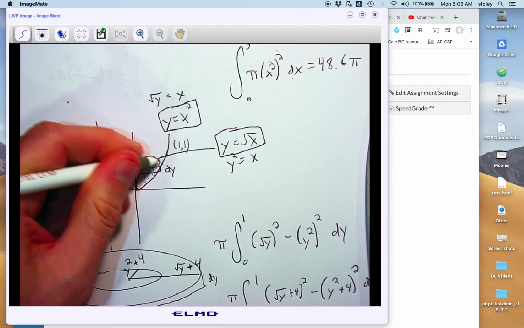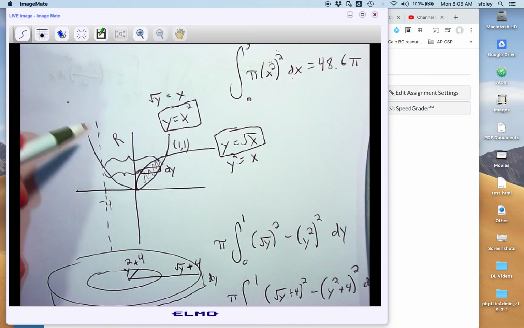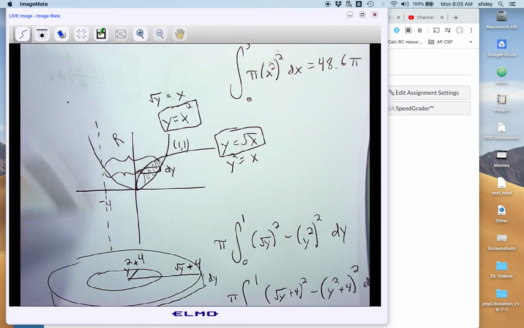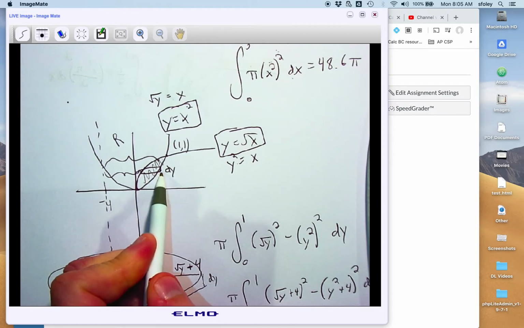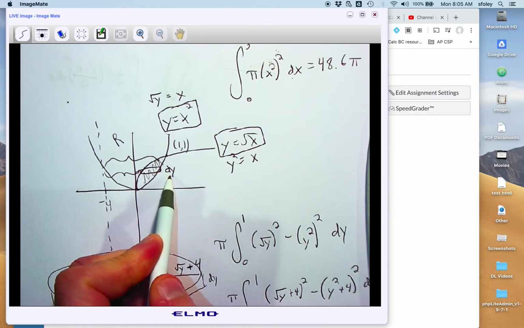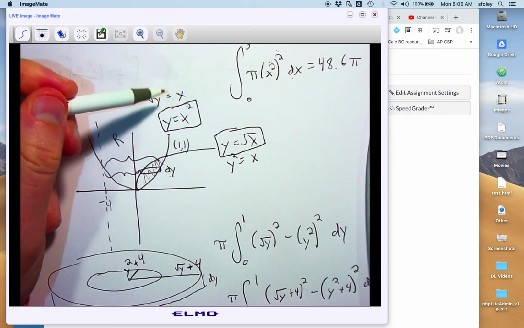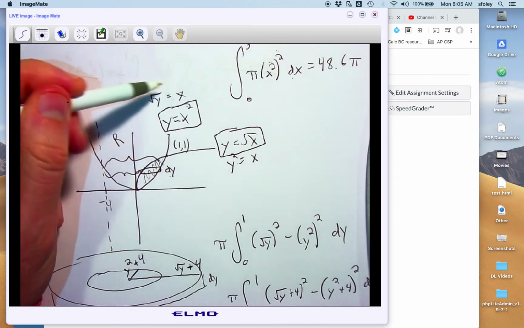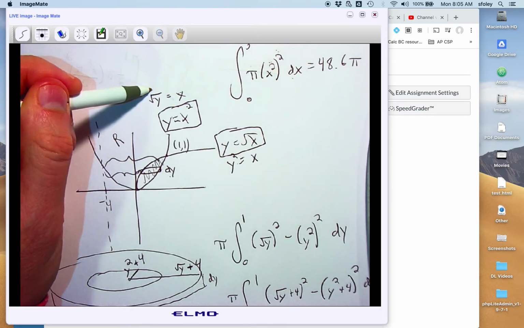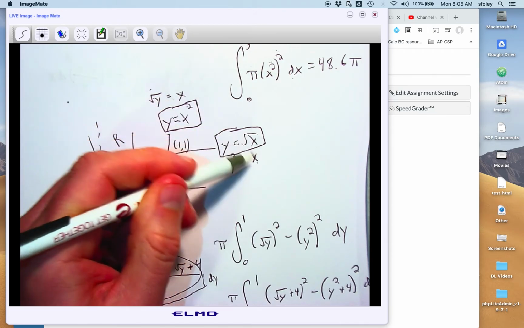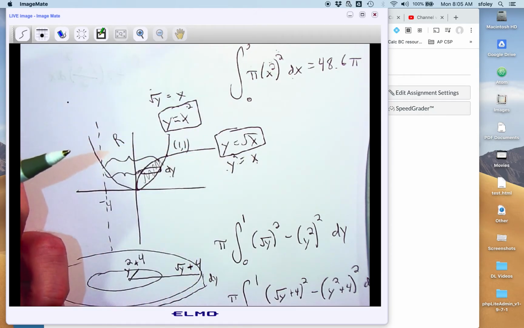Now we've got this region, and this time, to mix things up, I'm going to revolve around a vertical line, and that means my rectangles have to be perpendicular to that. So now it's a dy rectangle, which means my equations need to have y in them. I'm going to take my normal equation, solve for x, and get square root of y, so it's sort of flipped around. Solve this one for x, and I get x equals y squared.